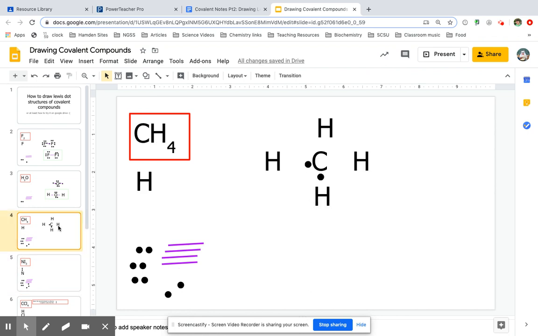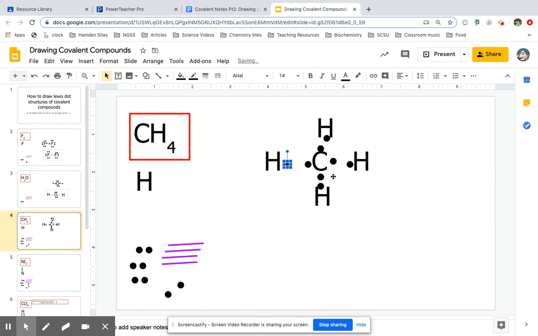Control C, Control V. One there. And another one there. Those are my 4 carbon electrons. Now I need one for each hydrogen. 1, 2, 3, 4. And I'm going to move those to where they need to go. One for that hydrogen, one for that hydrogen, one for this hydrogen, and one for this hydrogen.